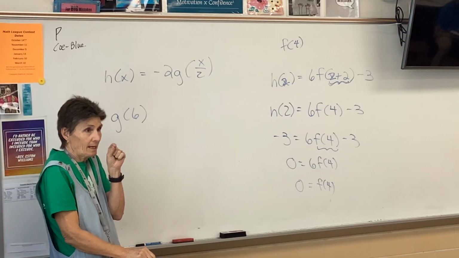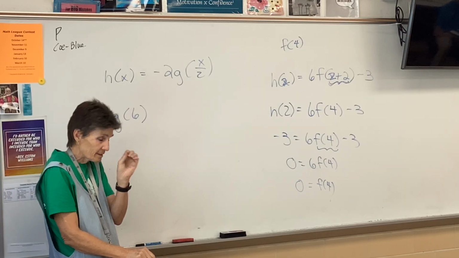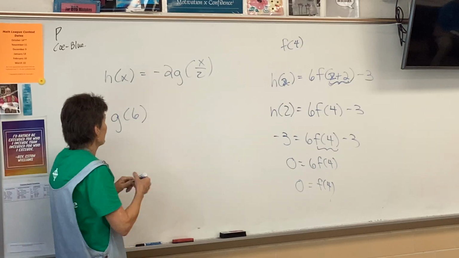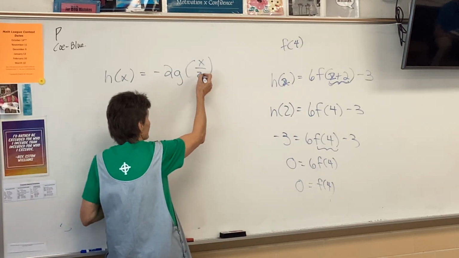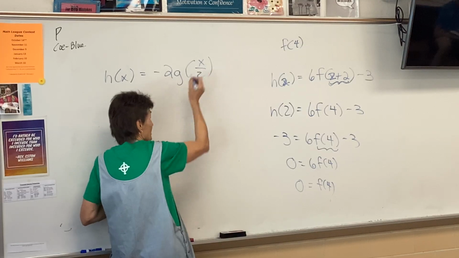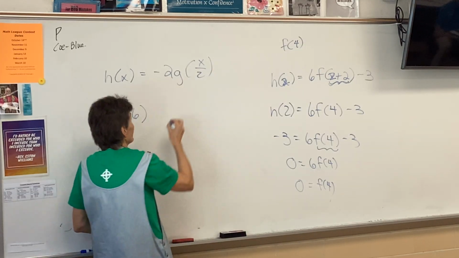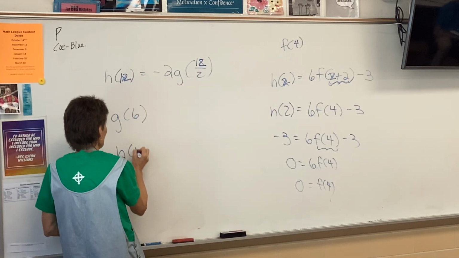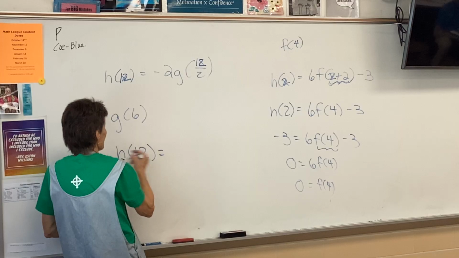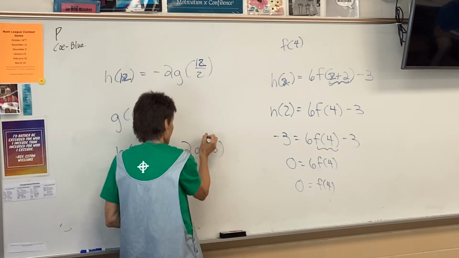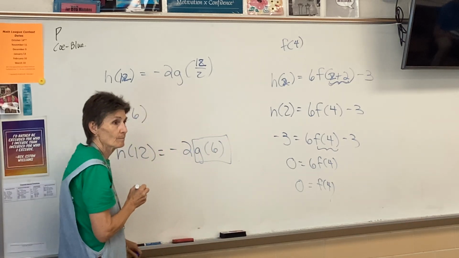Keep those beady little eyes away from that chart. You're not looking at that chart. That chart is h's. If we want to find g of 6, then we're gonna have to let x be what? 12. Because if x is 12, it says h of 12 equals negative 2 g of 6, and that's what I want to know.